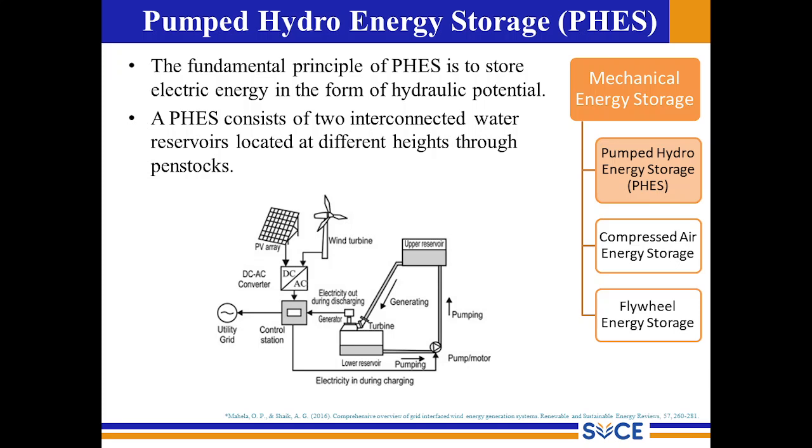These are all seasonal energy producing devices. Depending on when we have high production, we can store the energy from these renewable energy systems. The connection between the upper reservoir and lower reservoir is called a penstock.